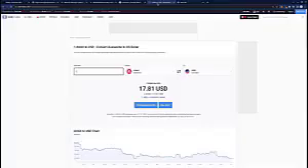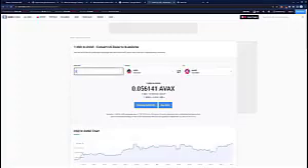So we need to now fund this with, like I said, $200 worth of gas, and at market value right now, AVAX is $17.81. So $200 worth is 11.23 AVAX. So I'm going to copy my contract address and send over 11.23 AVAX.